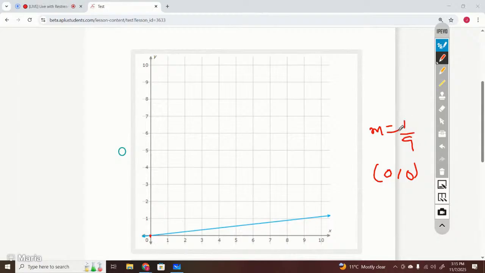Slope is 1 by 9. Go up 1 point and right 9 points. Here is the other point, right? So join these 2 points and make a line.